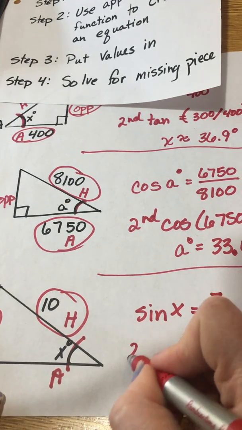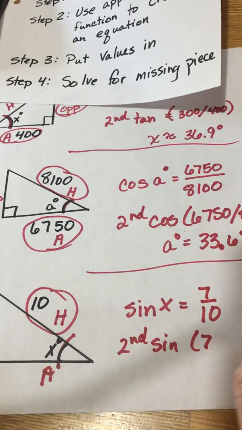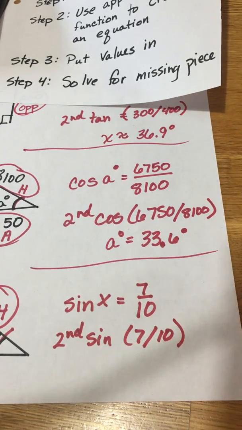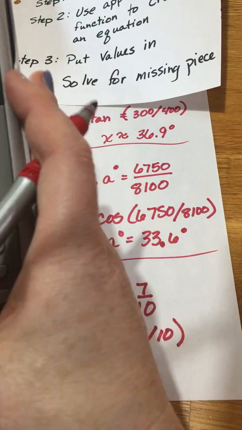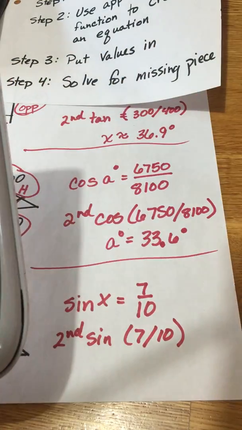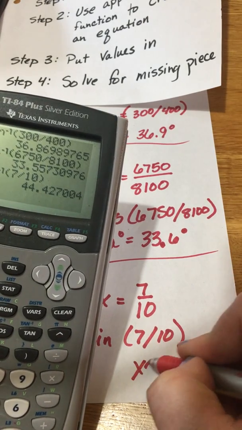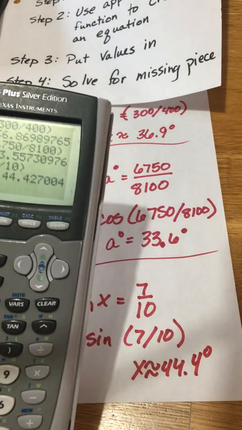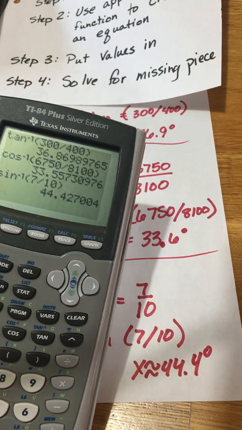I'm finding the angle, so I hit second sine, 7 divided by 10, close it up, and I get 44.4 degrees. The next video I have will be about finding the missing sides.